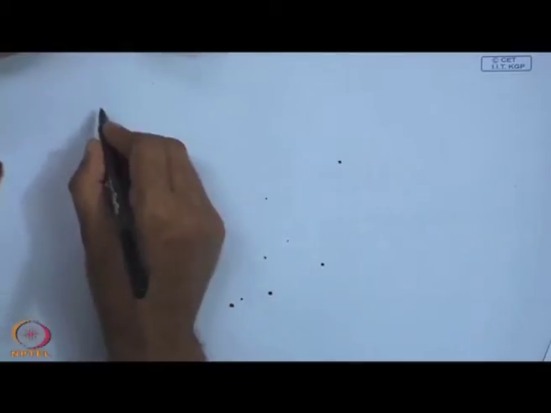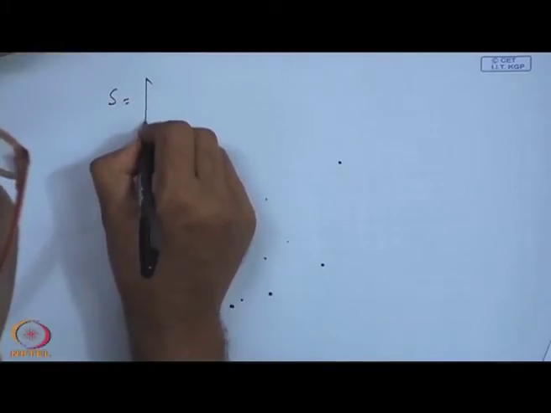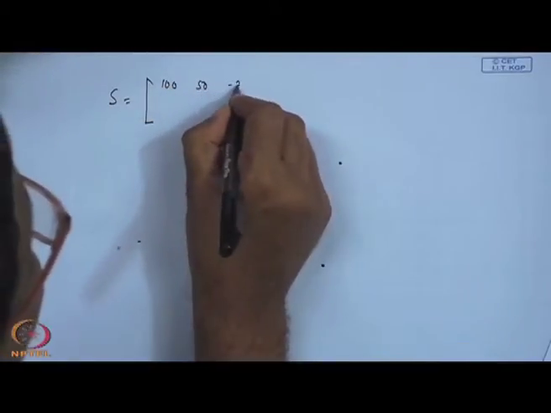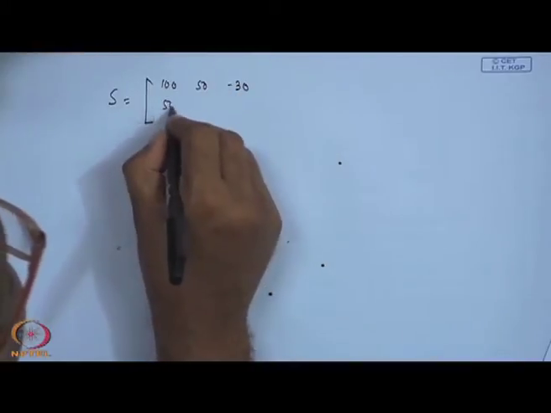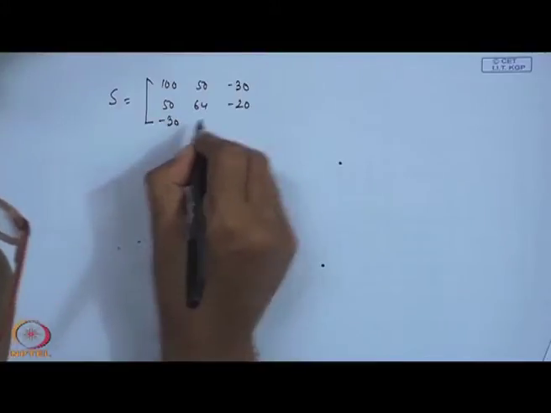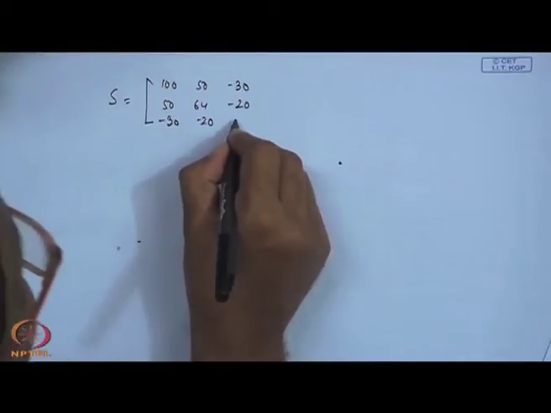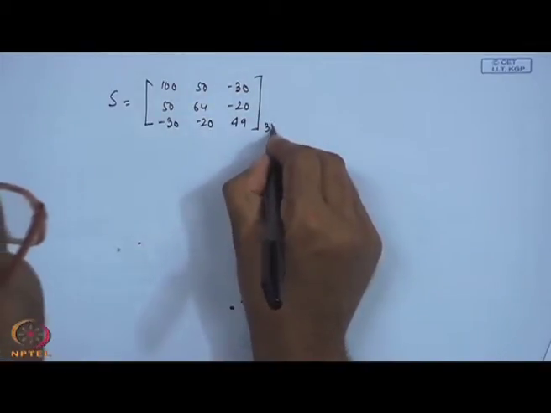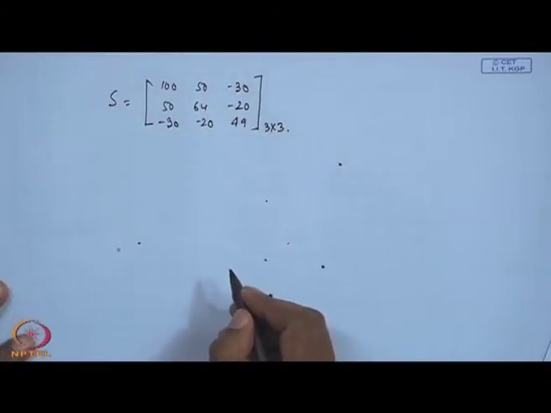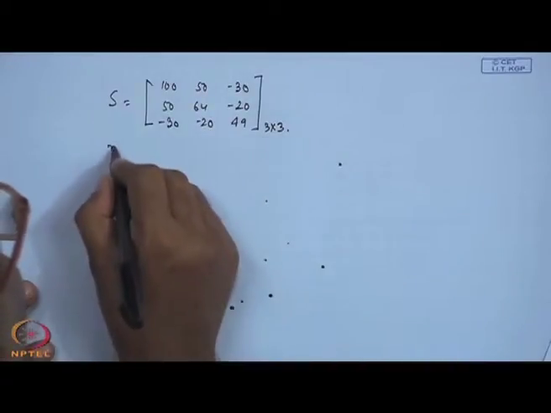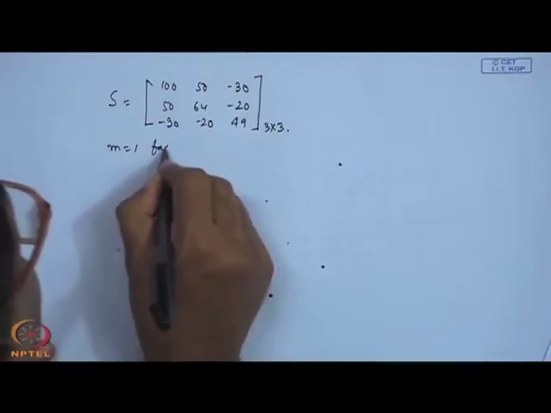Let us take one example here. Suppose my S is 100, 50, minus 30; 50, 64, minus 20; minus 30, minus 20, 49. It is a 3 cross 3 matrix. What I want is an M equal to 1 factor model.